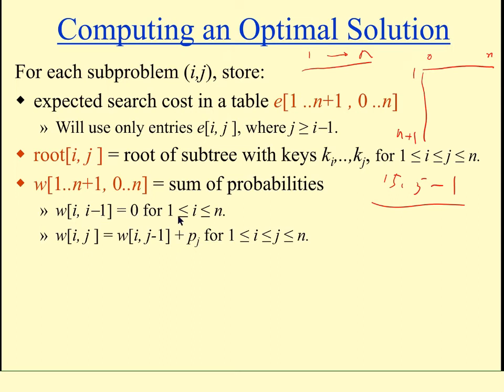We mentioned it before, right? We can also use this equation, summing the probabilities from i to j. You can also sum first from i to j minus 1 and then add one additional, the last one, which is j. Based on the equation we mentioned before, this holds. Okay, let's look at the pseudocode.